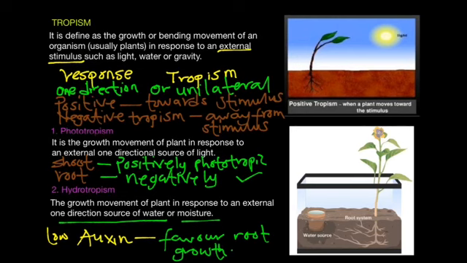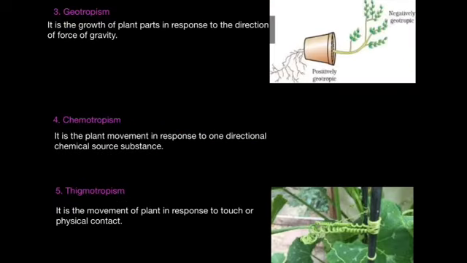All right. The next type of tropism is what we call geotropism. It is also referred to as gravitropism. So let's put that here. Gravitropism. We can define this as the growth of plant parts in response to the direction of a source of gravity.